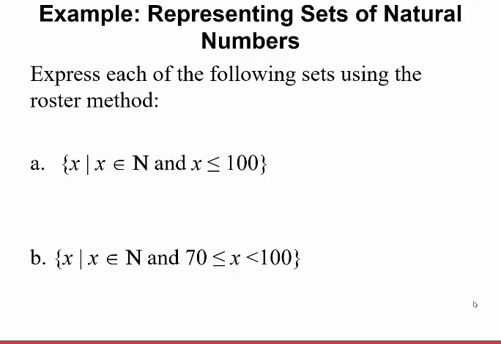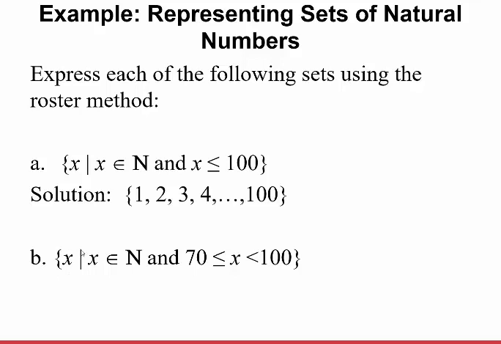All right, so let's do some. Express each of the following sets using the roster method, so listing. So the set of all x such that x is an element of the natural numbers and it's less than or equal to 100. Well, the solution here would be the numbers 1, 2, 3, 4, comma, all the way to 100, and stop at 100, because it's less than or equal to.